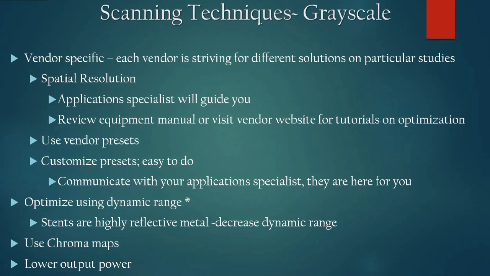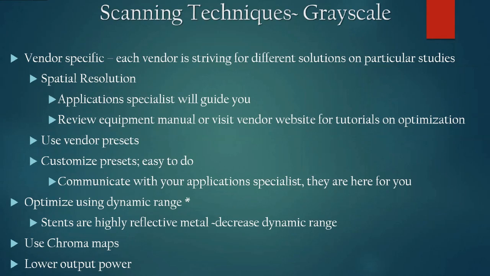So we know that our lab is a multi-vendor lab. And we know most vendors are striving for specific solutions on particular studies to have their optimal grayscale. So they're trying to improve spatial resolution.